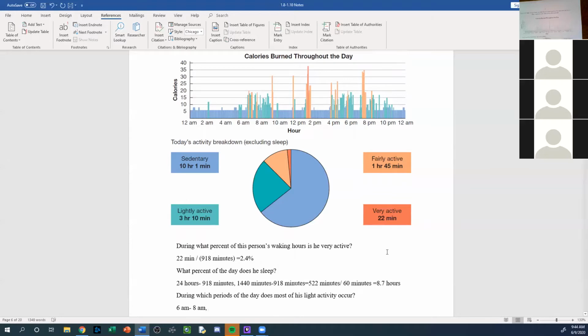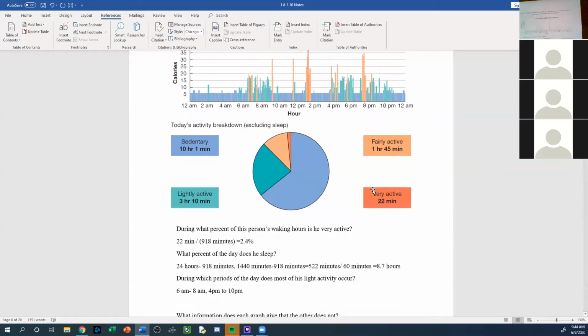And then I also see that he's lightly active in the evening, maybe from 4 p.m. to, I don't know, maybe 10 p.m., right? So this bar graph maybe doesn't necessarily compare them like the pie graph does, but it gives us more information, right? It gives us information at certain times of the day. Okay.